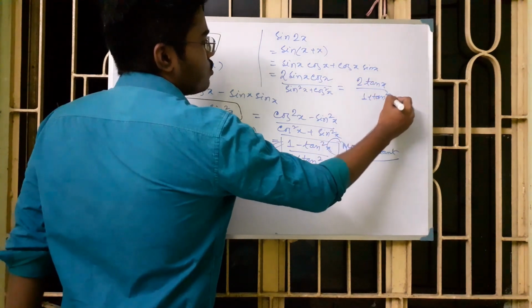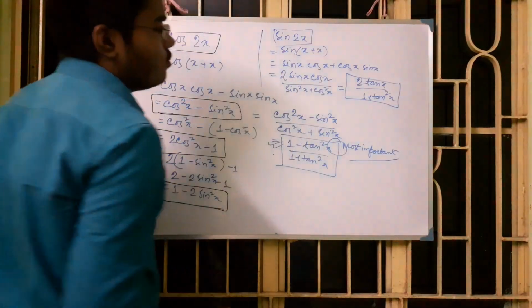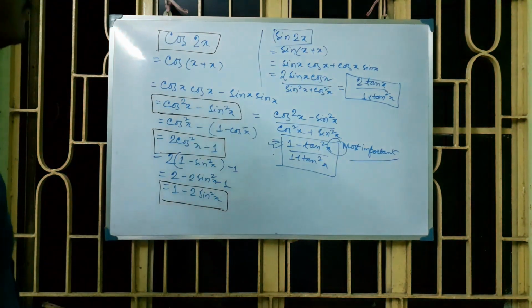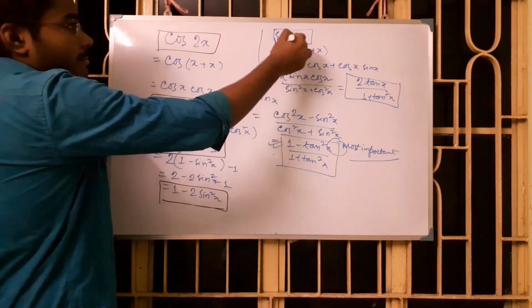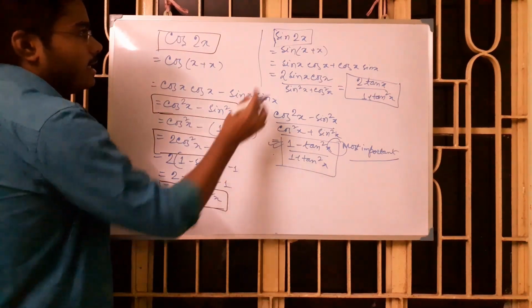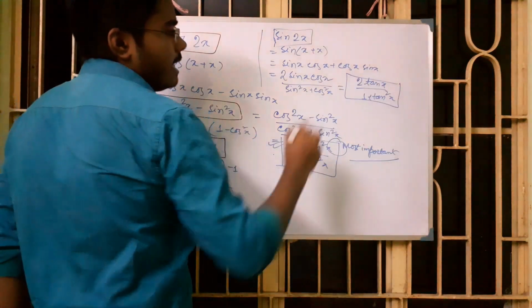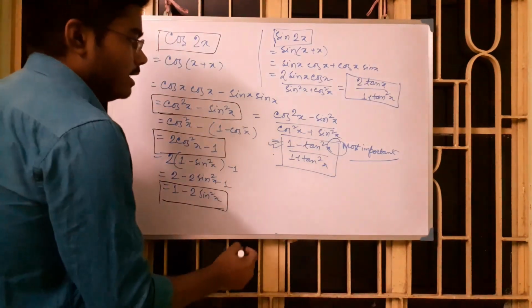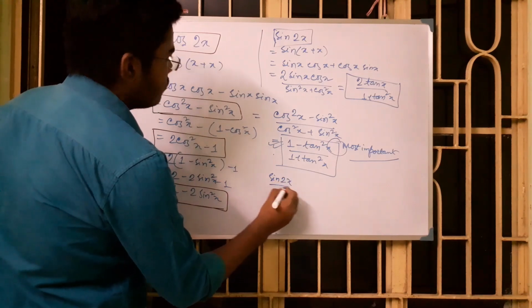This is also the most important formula of sin 2x. This is the formula of multiple angle: given 2x, but the answer is in x. So sin 2x is that and cos 2x is that.